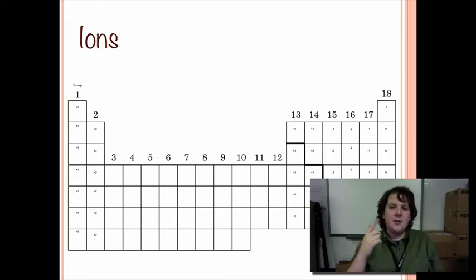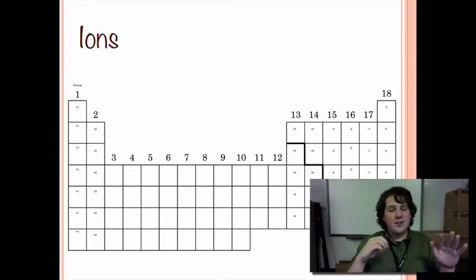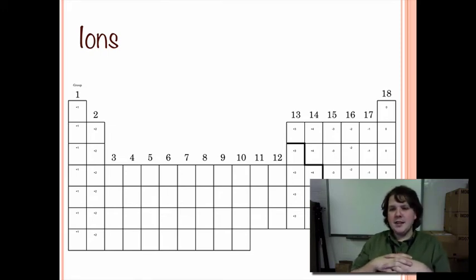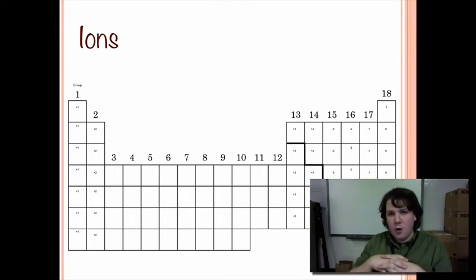So it's going to be easier for everything from group 15 to gain 3 electrons than to try and lose 5. Elements in group 16 have 6 valence electrons. Much easier to gain 2 than to lose 6. And elements in group 17 are going to gain 1 electron because it's much easier to gain 1 than it is to lose 7.